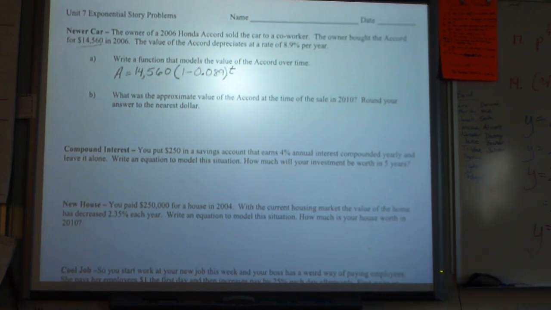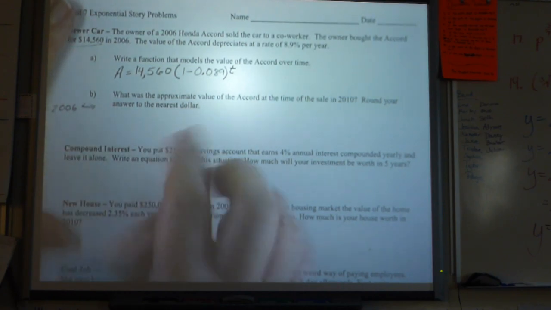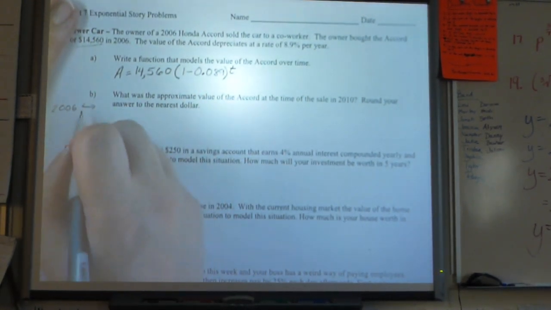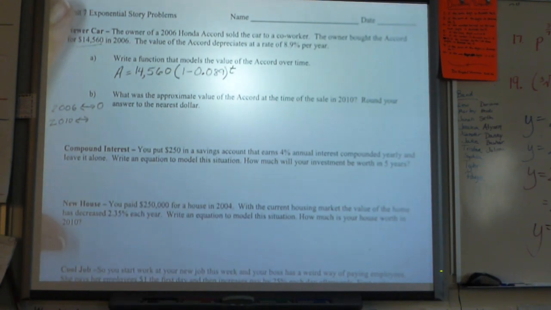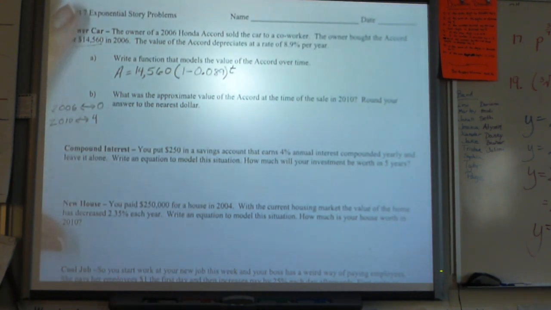What is the approximate value of the Accord at the time of the sale in 2010? Okay, well, year 2006, we're not going to do it to the 2010 power, okay? 2010 years haven't passed, so we want to know how many years have passed. 2006 corresponds with our starting point, so 2010 corresponds with year what? 4. 2010 minus 2006. 4 years have passed.